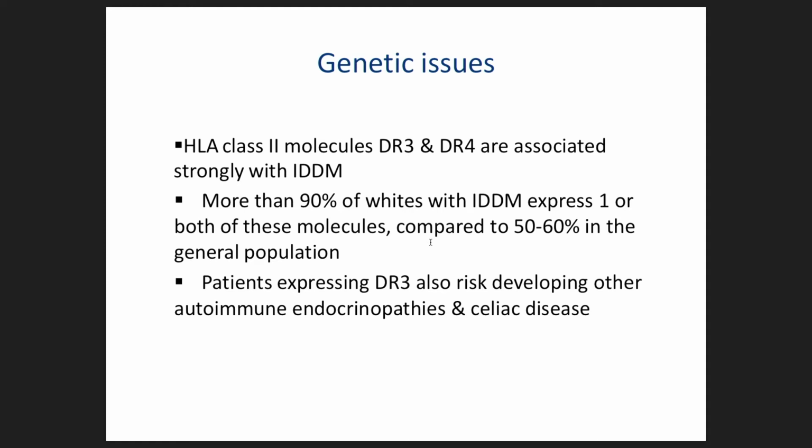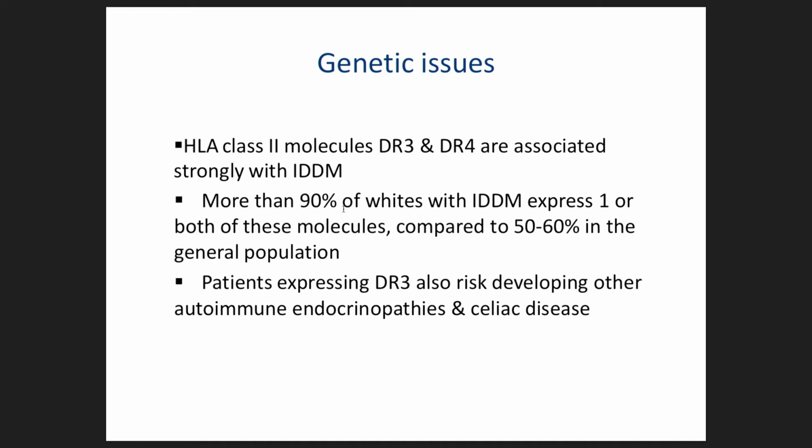If we look at type 1 diabetes, the genetic part of the pathophysiology, we have to do something called HLA screening. They found that those with HLA DR3 and HLA DR4 have a strong genetic susceptibility to develop type 1 diabetes, estimated at more than 90%.